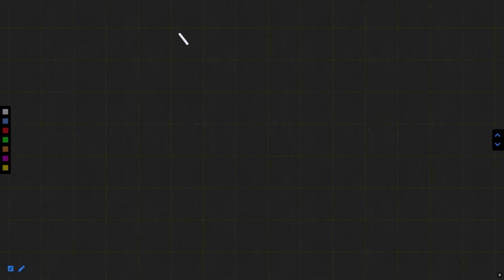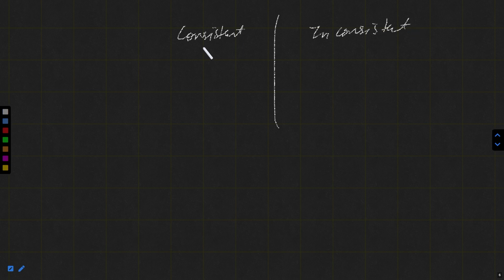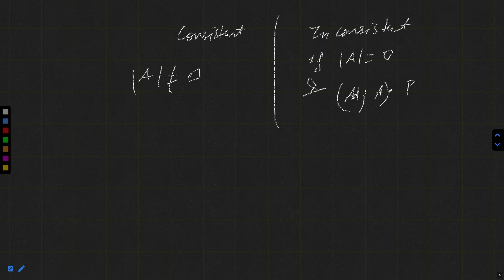Let me once again write it for you. Consistent and inconsistent. Consistent when determinant of A is non-zero. Inconsistent means determinant of A is 0 and adjoint of A multiplied with the B matrix, the right hand side matrix, is non-zero.